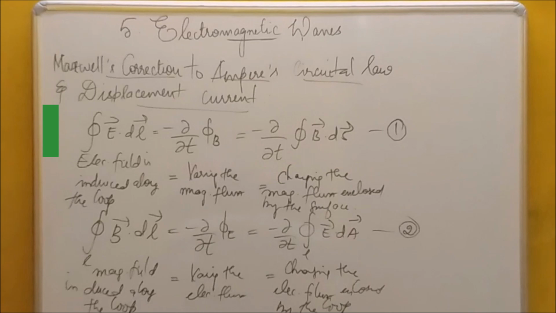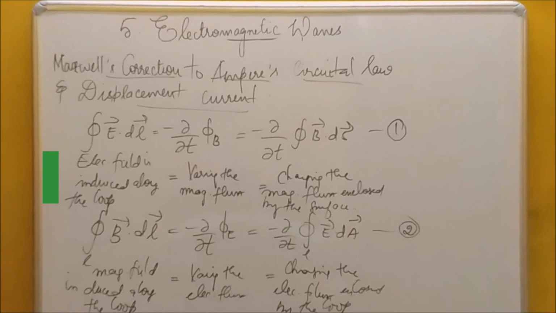So the integral of E vector dot dl vector is nothing but the electric field induced along the loop. That is equal to ∂/∂t of Φ_B, which is nothing but the varying magnetic flux.